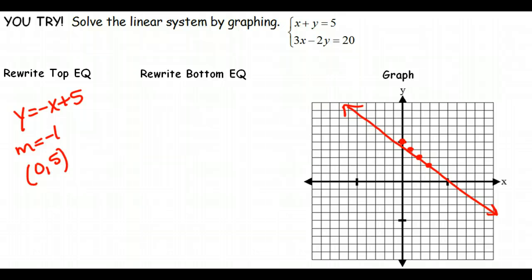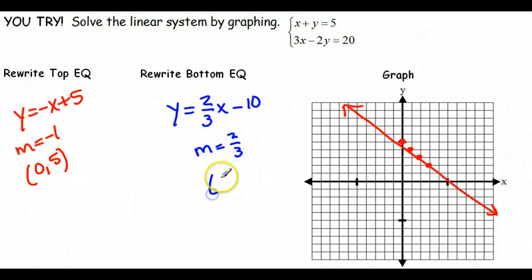And in the other equation, you should have y equals 2/3 x minus 10. So a slope of 2/3 and a y-intercept of negative 10.